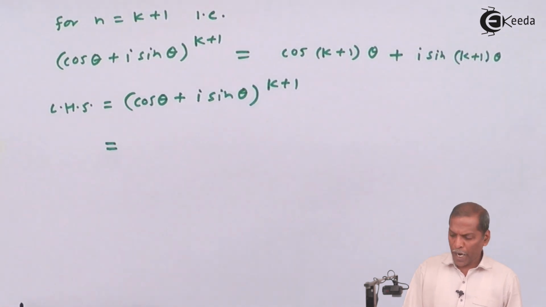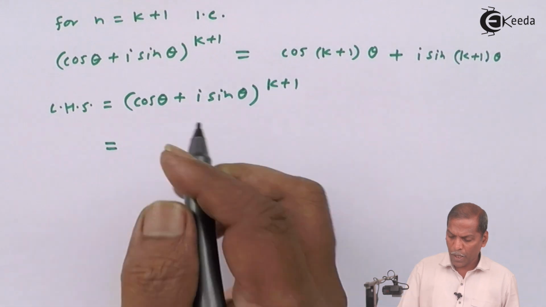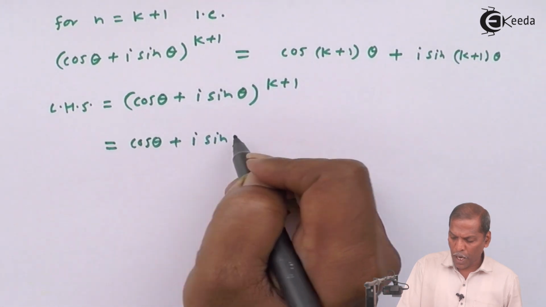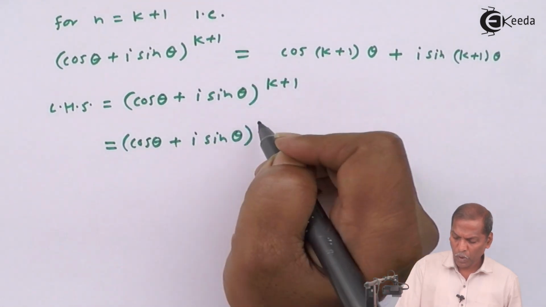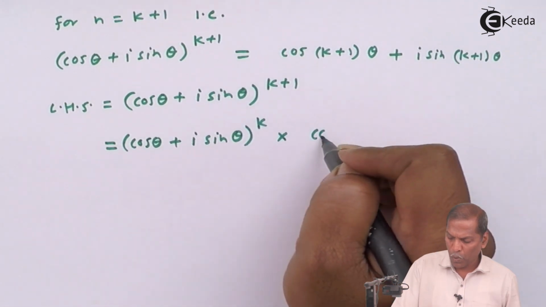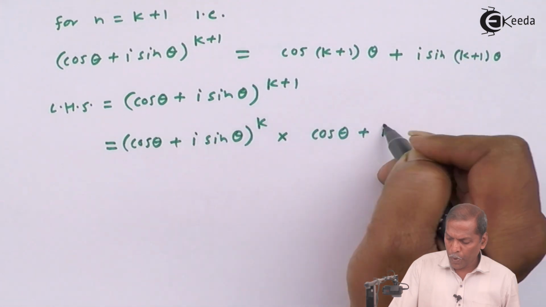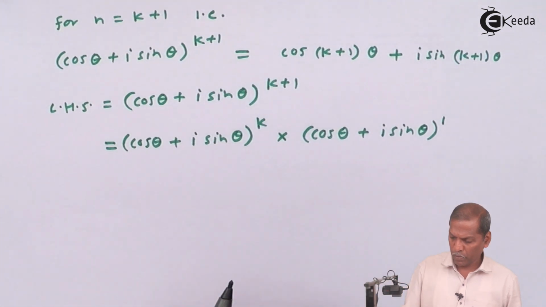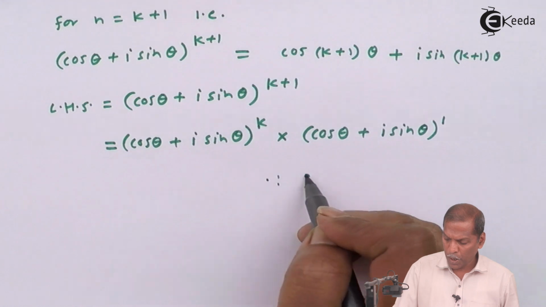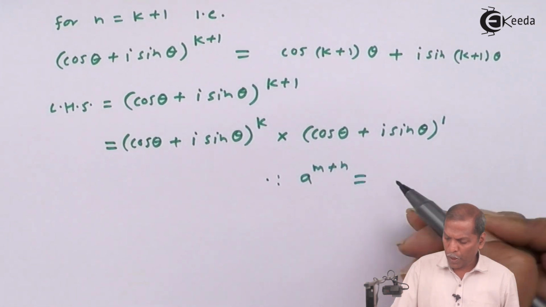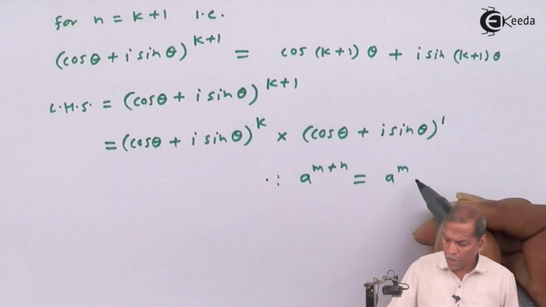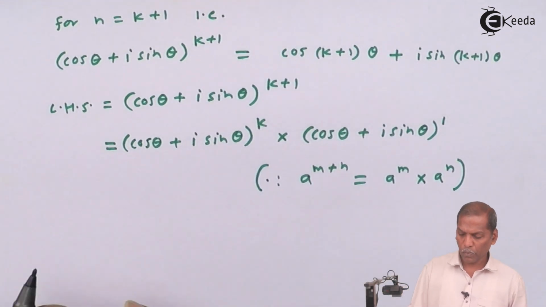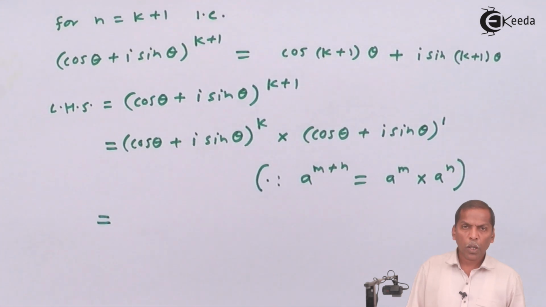Now by using the law of indices, this can be written as (cos theta plus i sin theta) raised to k into (cos theta plus i sin theta) raised to 1, since a raised to m plus n can be written as a raised to m into a raised to n.